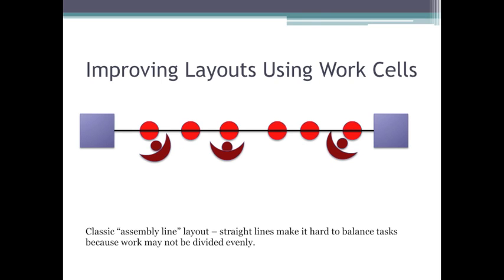Another example, the classic assembly line layout. This is what everyone has known with regard to manufacturing for the past century. Looks nice, looks okay, but, well, here's a question.